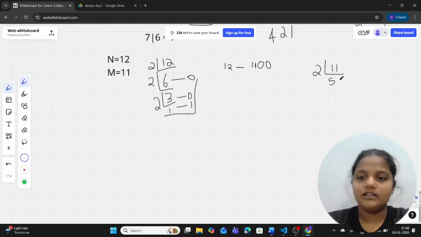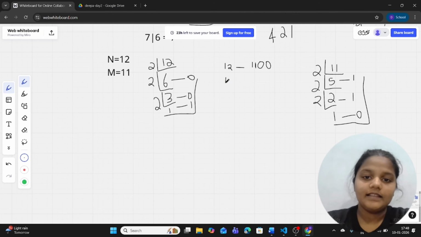Then for 11, 2 fives are 10, the remainder will be 1. Then again divide: 2 twos are 4, the remainder is 1. Then again divide: 2 ones are 2, the remainder is 0. Reading from down to up, our 11 binary value is 1011.